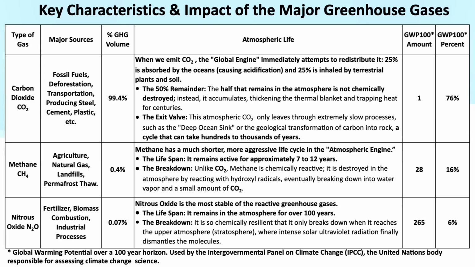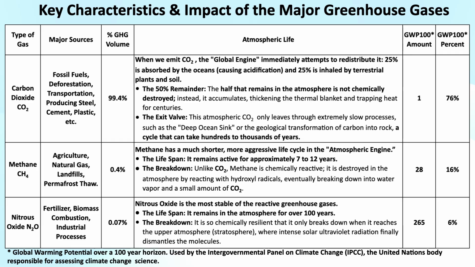It only represents 7/100ths, I should say, of 1%. A very small number. But nitrous oxide is the most stable of the reactive greenhouse gases. It basically remains in the atmosphere about 100 years before it eventually breaks down.